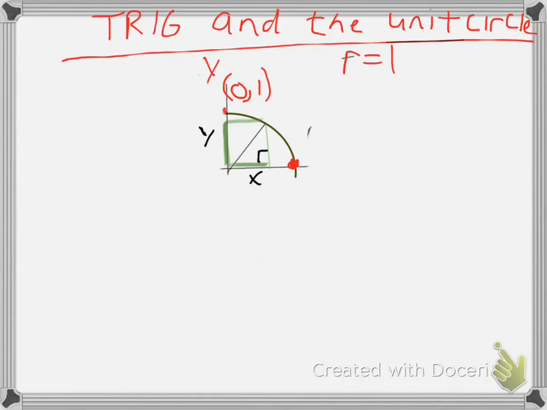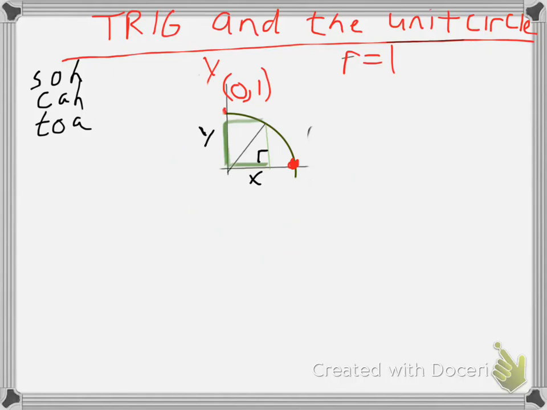You might recall from when you first learned about sine, cosine, and tangent that you probably learned something about SOHCAHTOA. The sine is the opposite over the hypotenuse, the cosine is the adjacent over the hypotenuse, and the tangent is the opposite over the adjacent. First of all, it's worth noting the angle that we're dealing with.